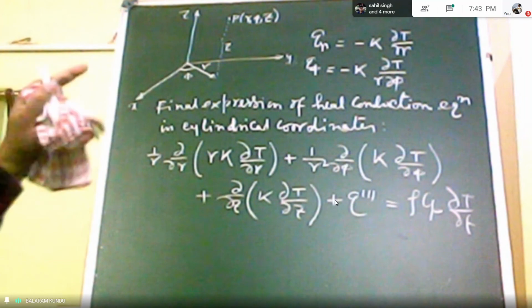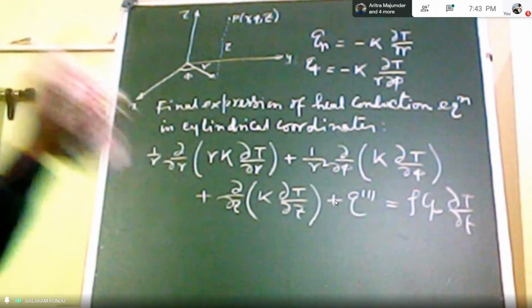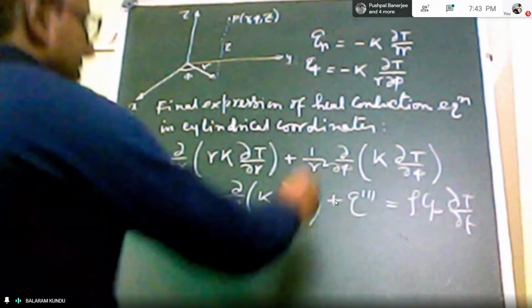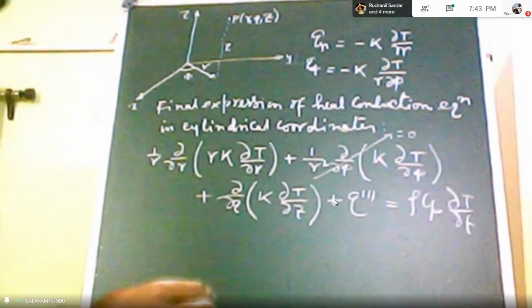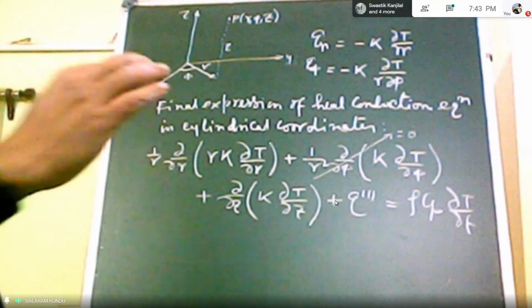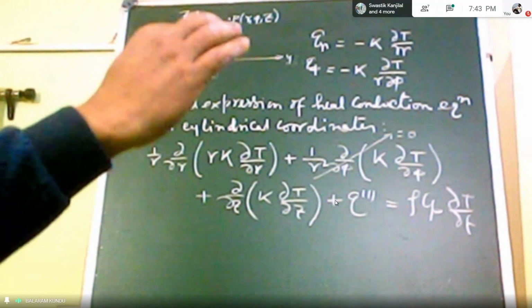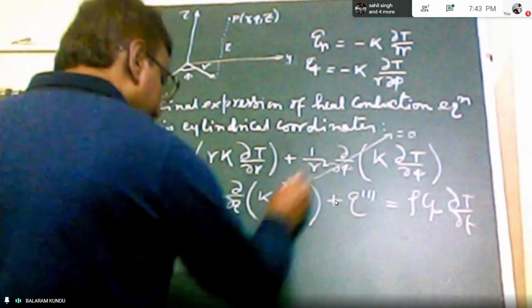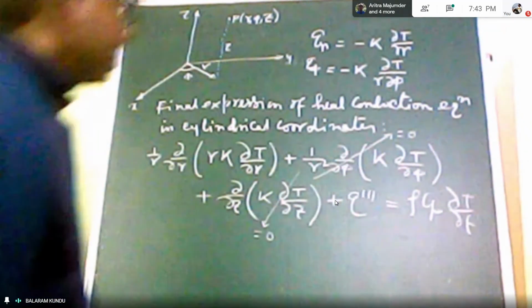So heat is conducted in the cylinder radially only. That means one-dimensional heat conduction is satisfied. According to the problem, there is no heat transfer in the phi direction or in the z direction, so these two terms should be 0.